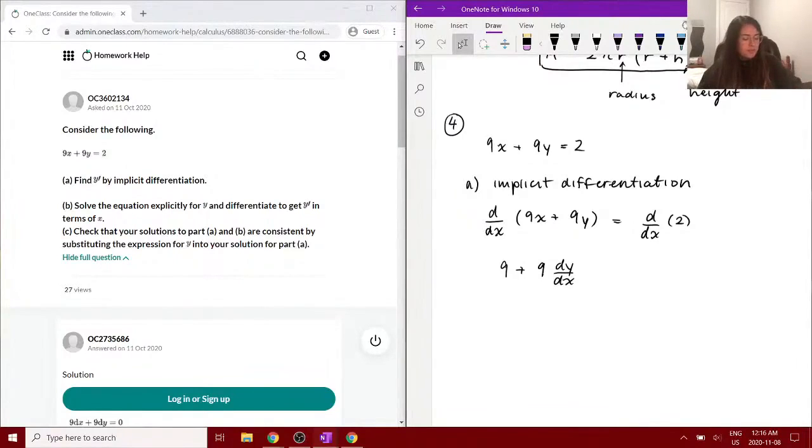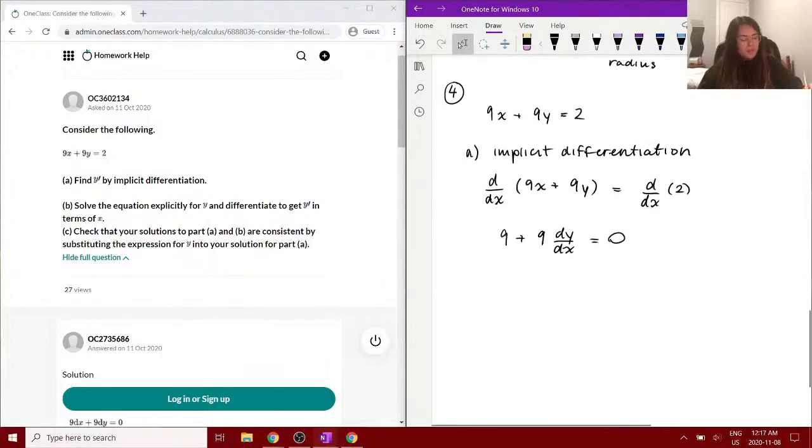The 9 for x is just 9 because we're taking the derivative of x. Because it's y and it's implicit differentiation, we signal that we're taking the derivative of y by adding in this dy by dx term. And the derivative of 2, well, 2 is a constant, so that is 0.